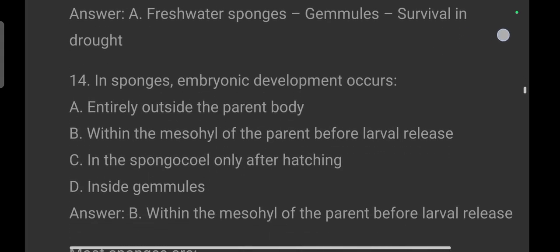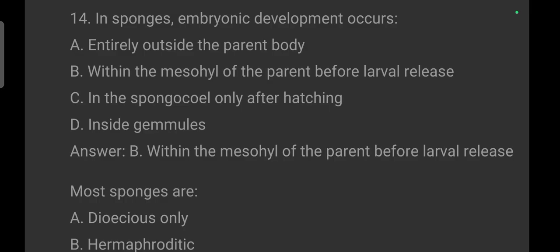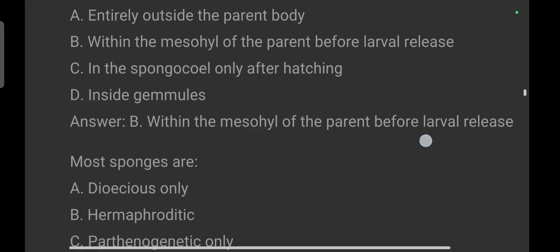In sponges, embryonic development occurs entirely outside the parent body, within the mesohyl of the parent before larva release, in the spongocoel only after hatching, or inside gemmule. Answer is within the mesohyl of the parent before larva release.